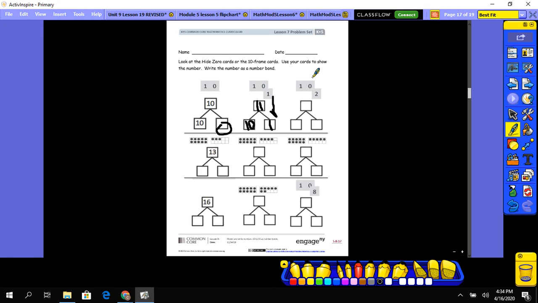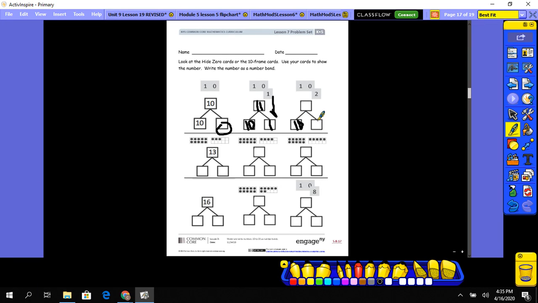Look at my next set. Is this the whole amount or the parts? It's the parts. We write our parts. What goes here? 10. Ooh, I got stuck. I'm sorry, Cardinals. Let's erase that. That's okay. We won't pitch a fit. We'll just stop and try again. We write 10.